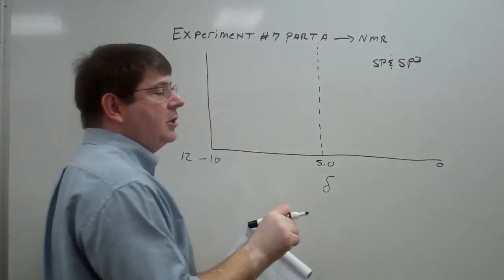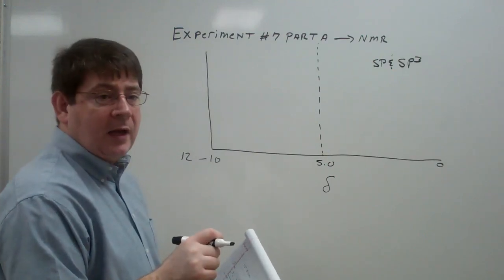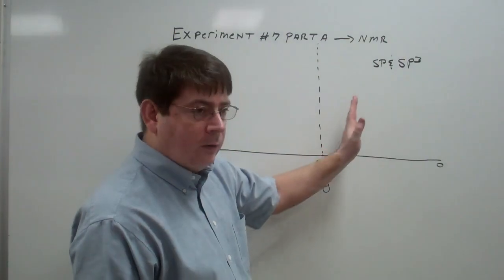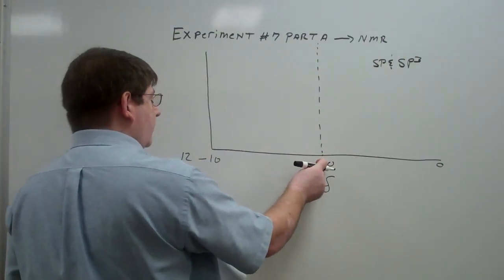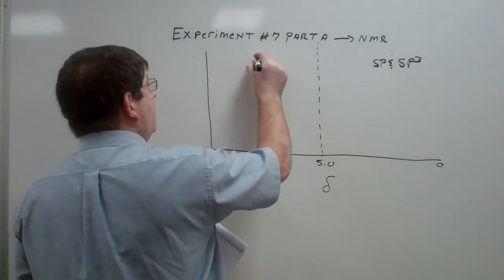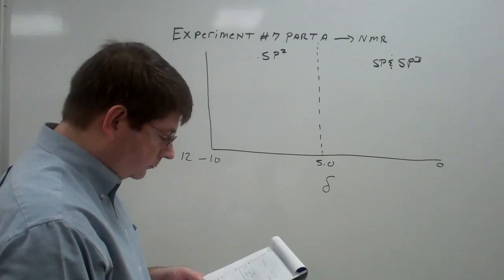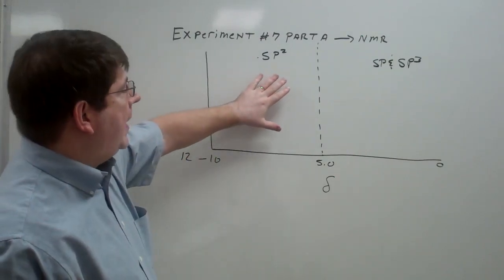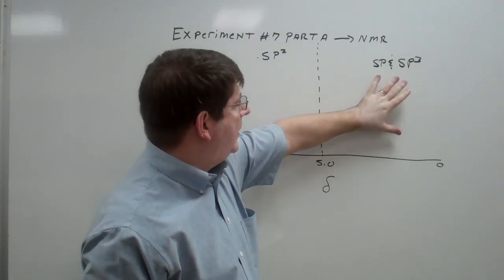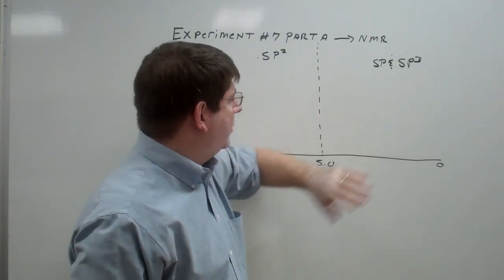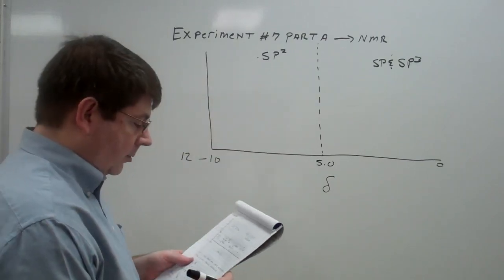So any hydrogens that are attached to either sp or sp3 hybridized carbons, they're going to appear over here, as a general rule. And if you're downfield from 5, so from 5 to 10 to 12, this is known as the sp2 region. Okay? And so simply by inspecting an NMR spectrum, you can tell whether or not you have sp and sp3 hybridized carbons with hydrogens attached to them, or sp2 hybridized carbons with them.